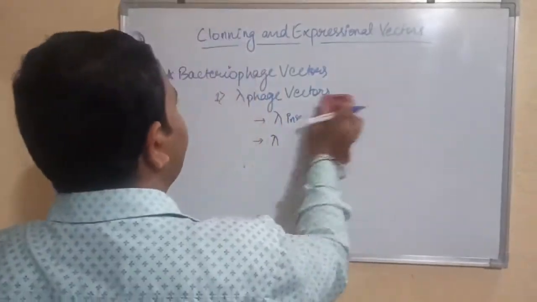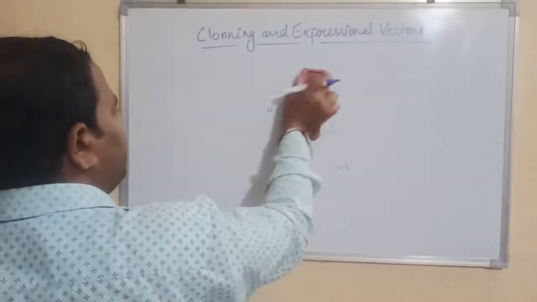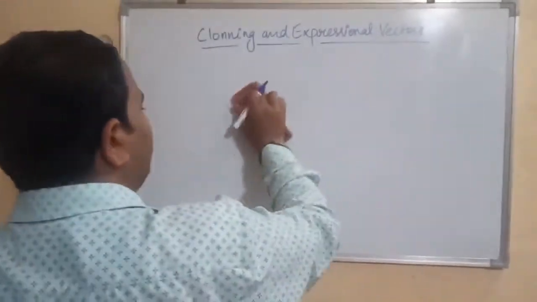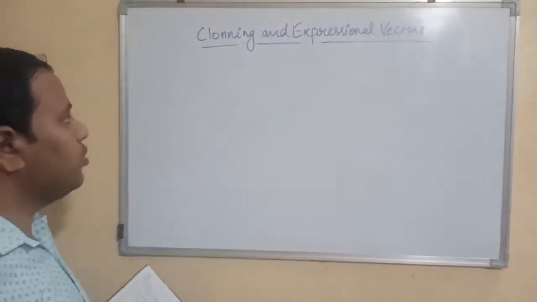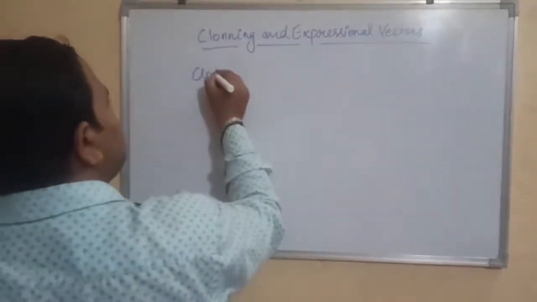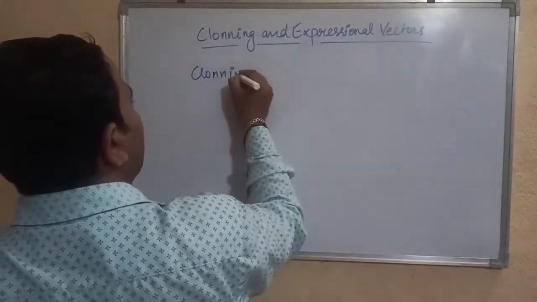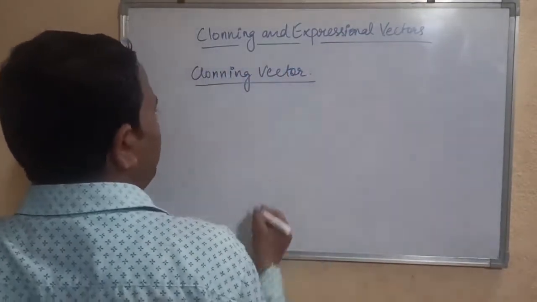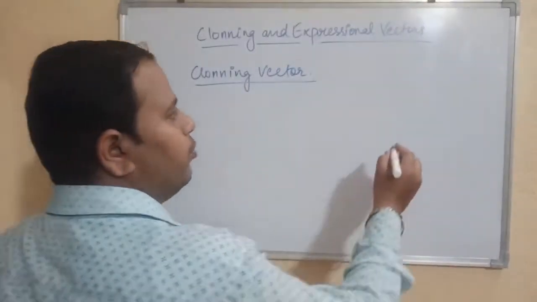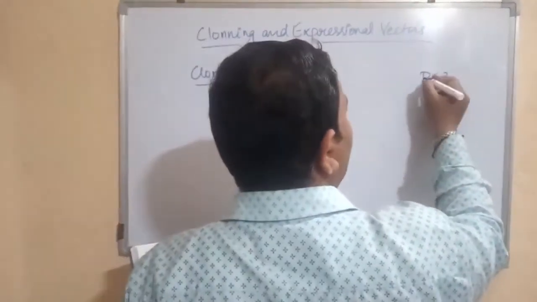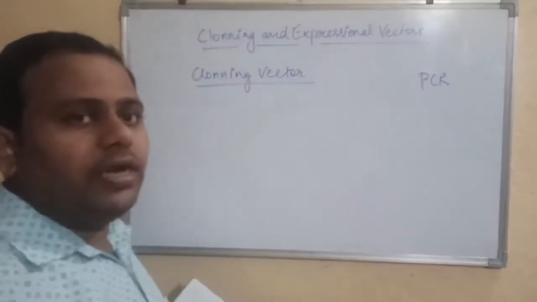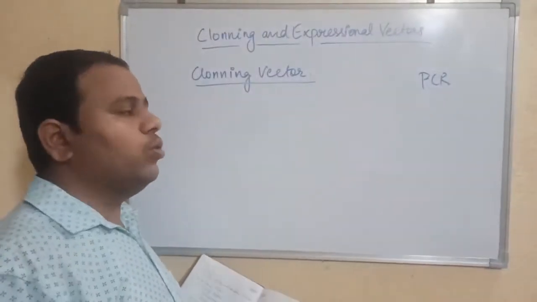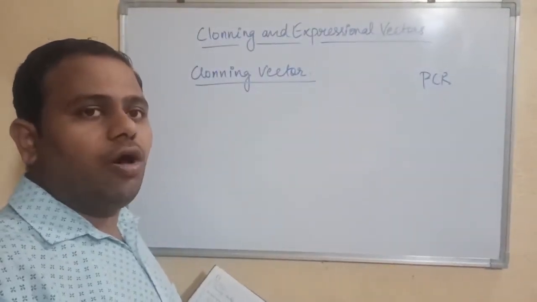We'll start with the first cloning vector and the differences between them. So we'll start with cloning vector first. As the name suggests, this vector is used for cloning experiment only. Earlier, before the invention of PCR, the foreign DNA fragments couldn't be replicated or amplified.